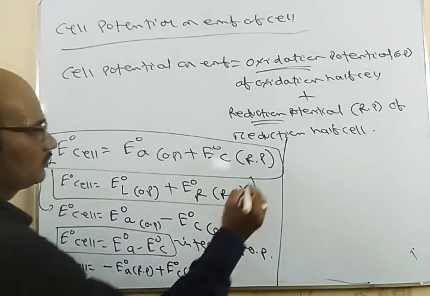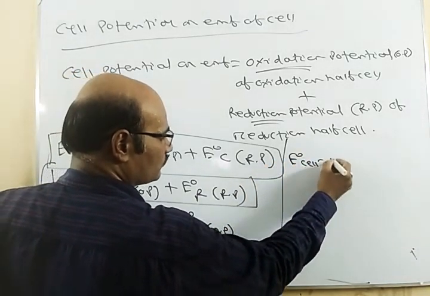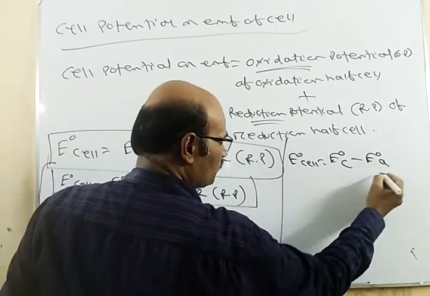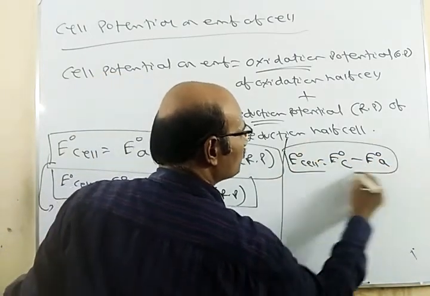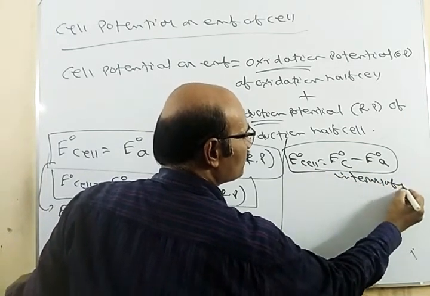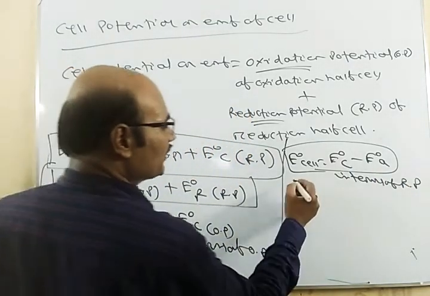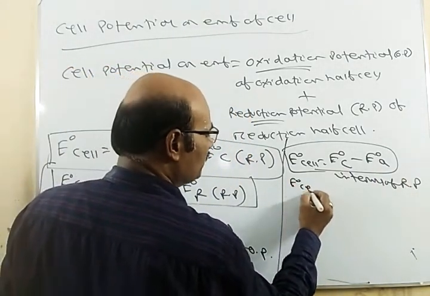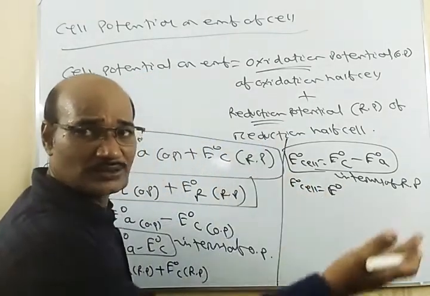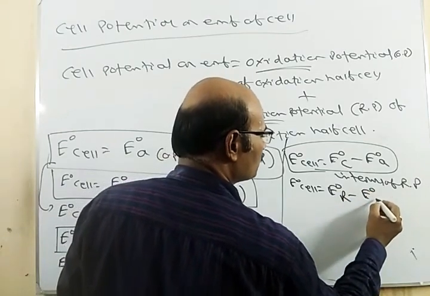That is, E cell equals E cathode minus E anode in terms of RP. Or you can say here E cell is equal to E cathode, meaning right, minus E anode, left.